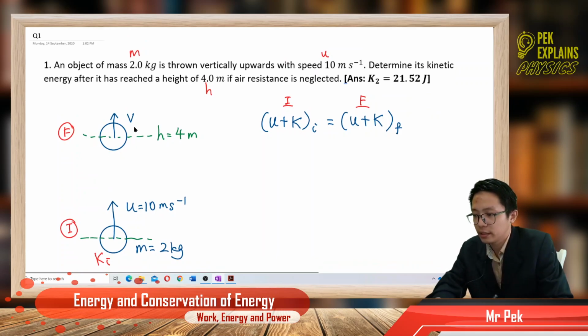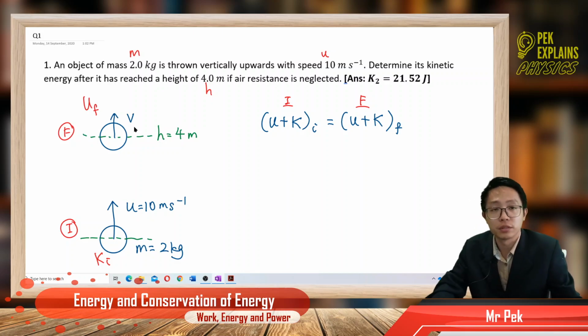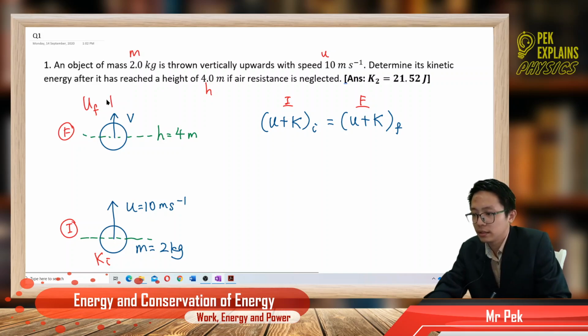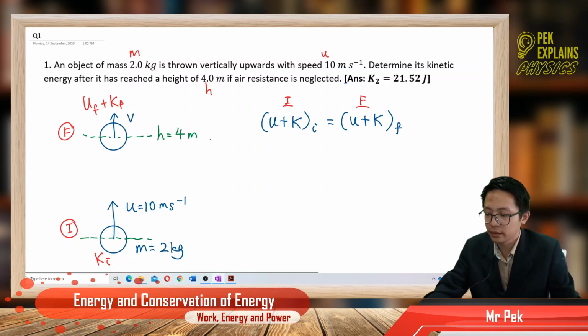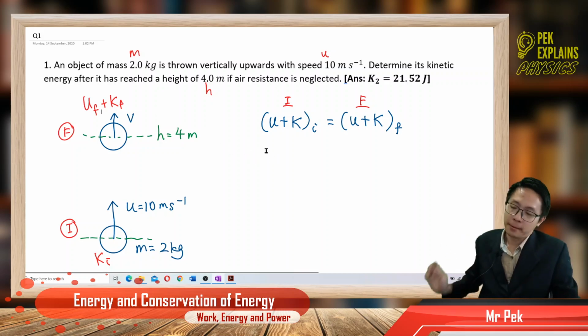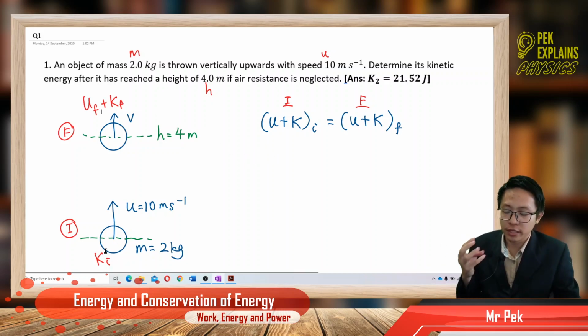It certainly has gravitational potential energy, and it still has kinetic energy. Determine the kinetic energy after it reaches that height, meaning that it also has kinetic energy. So some part of the initial kinetic energy has turned into gravitational potential energy.